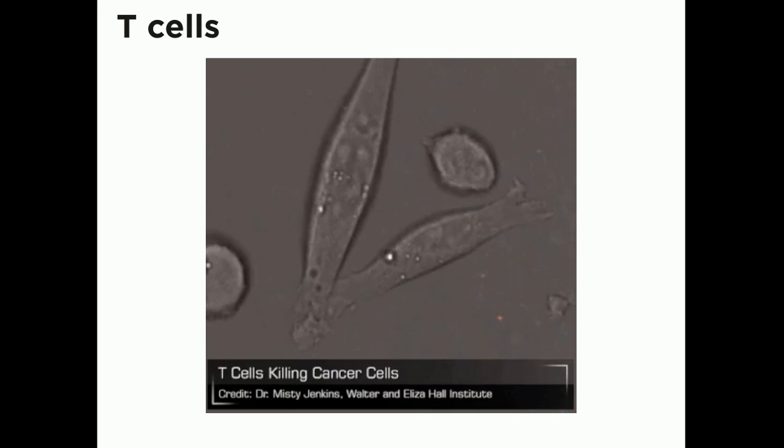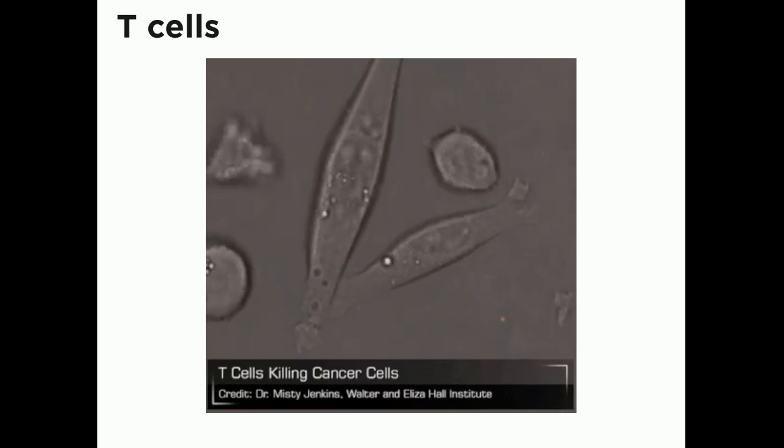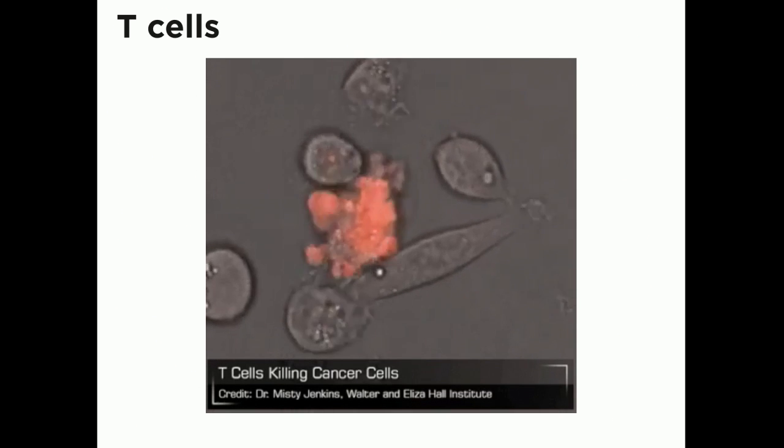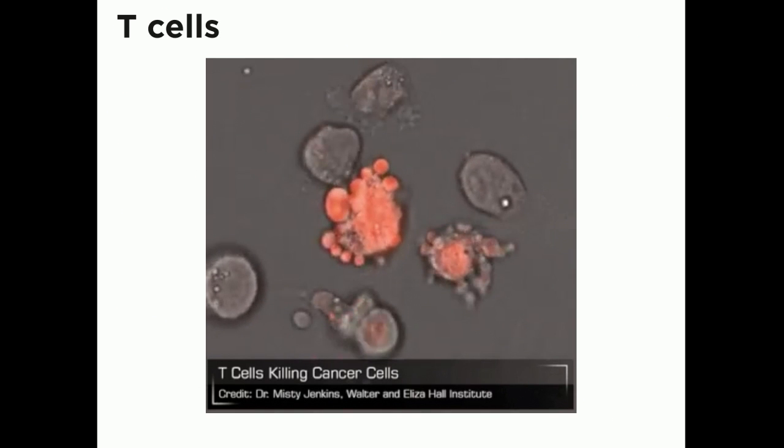And I think this video really illustrates how important these things can be. We have a cancer cell here, the T cell interacts with it, and then the cancer cell dies. And this is quite amazing.